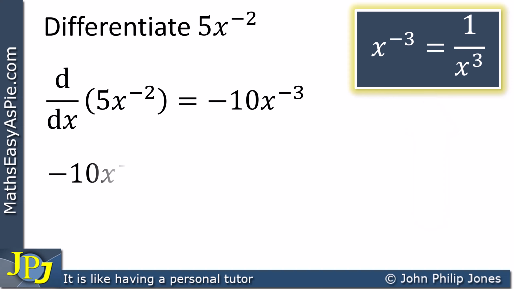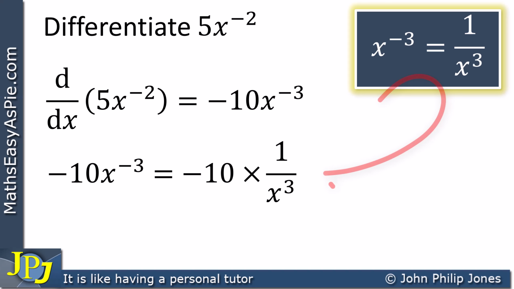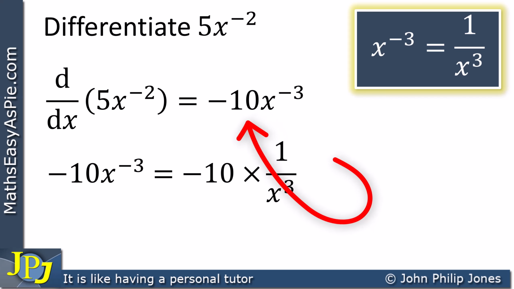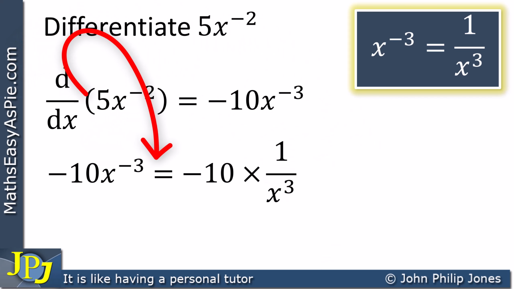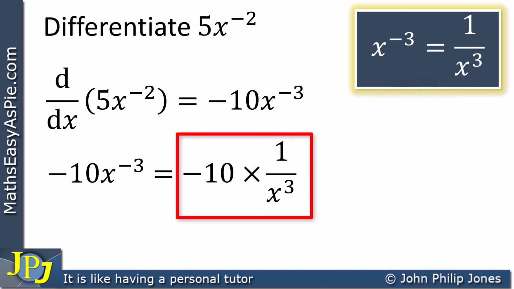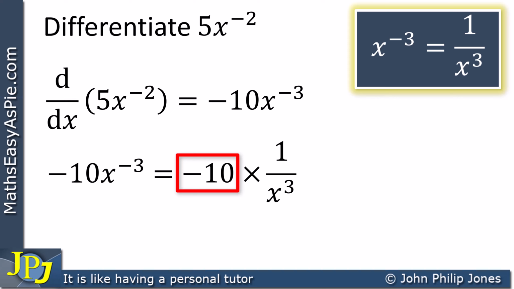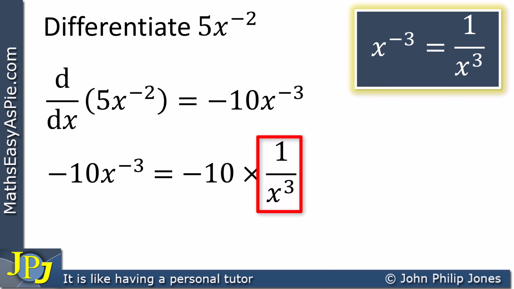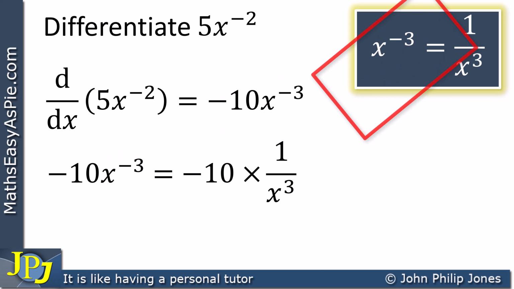Let's now turn our attention to what's just come into view, and you can see that I've taken this and I've placed it down here, and I'm saying it's equal to this. And if you look at this, you can see that I've still got the minus 10, but I've introduced this multiplication so I can emphasize the fact that in this position, I've put 1 over x to the 3, which has replaced this x to the minus 3 here, because we understand this fact.